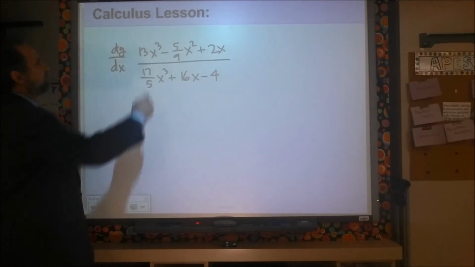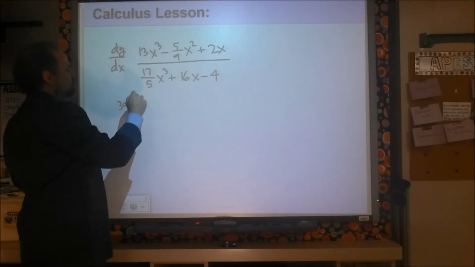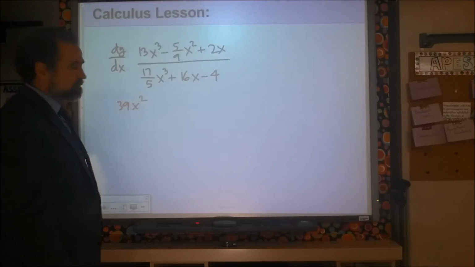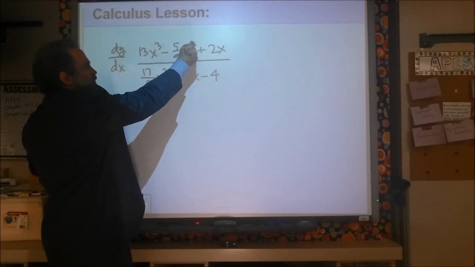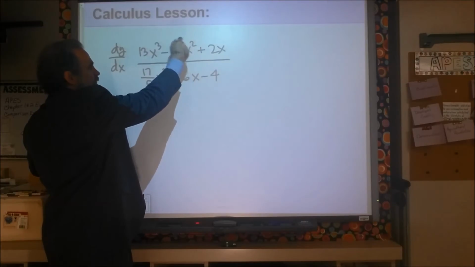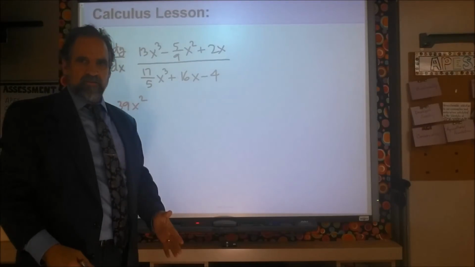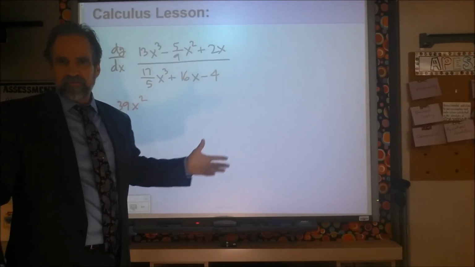Derivative of the top. 3 times 13 is 39. 3 minus 1 is 2. So that's 39x squared. Okay? The second one, 2 times 5/9. Well, that's 2 over 1. So 2 times 5 is 10. 2 times 5/9 is 10/9. I have double the amount.